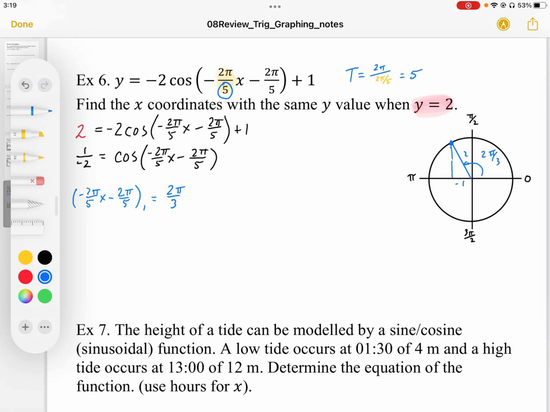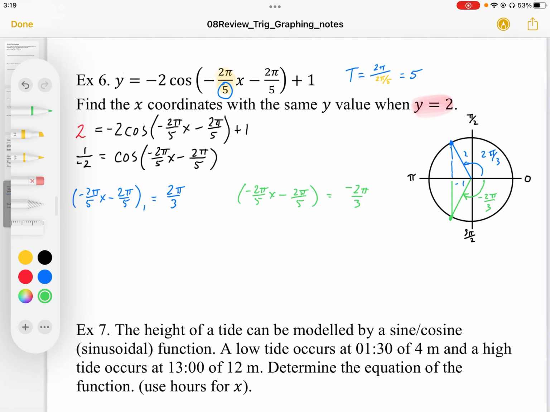I also know that it shows up in quadrant 3, in this position here, going backwards in this direction, and this is -2 pi over 3. So I have a second solution: -2 pi over 5 x minus 2 pi over 5 is equal to -2 pi over 3.